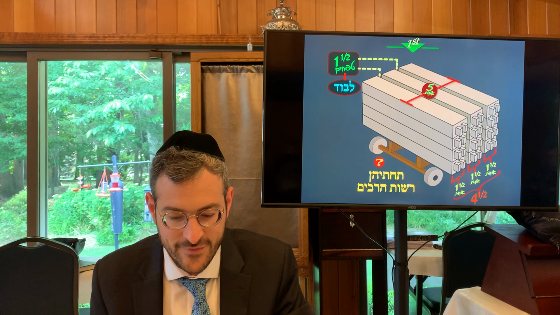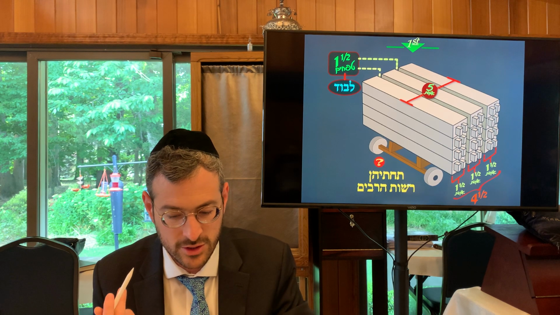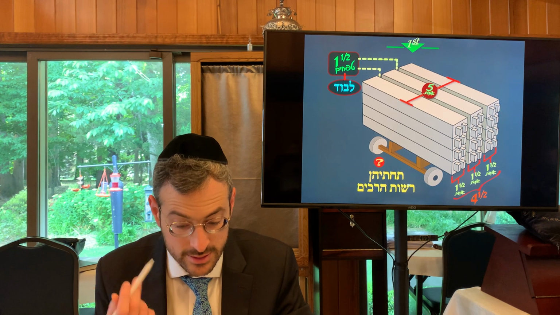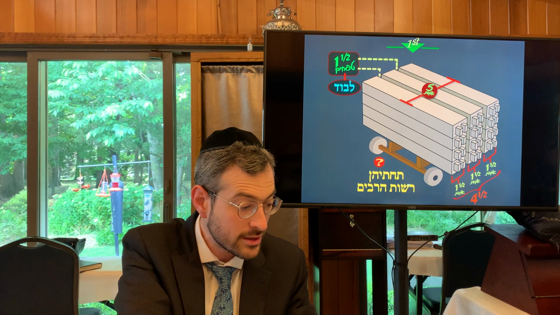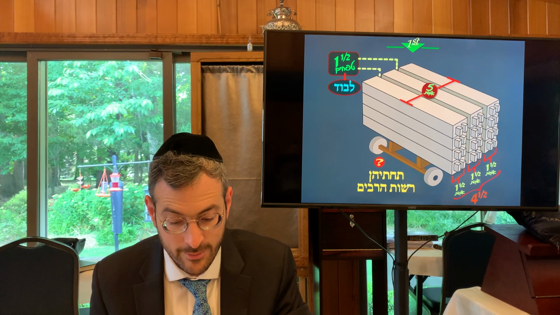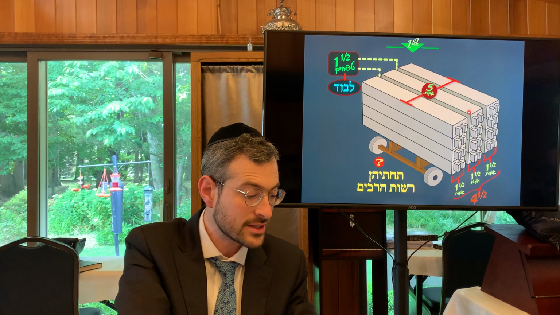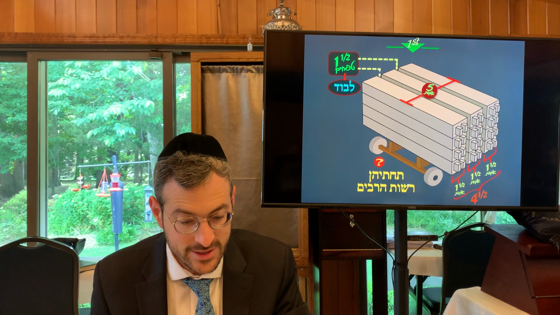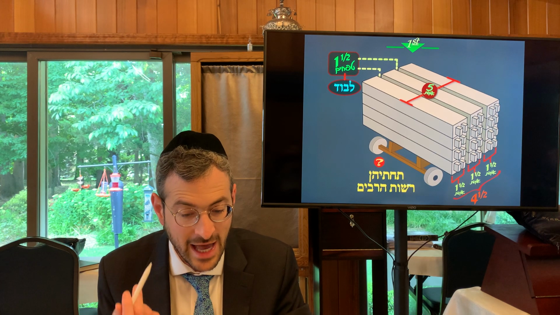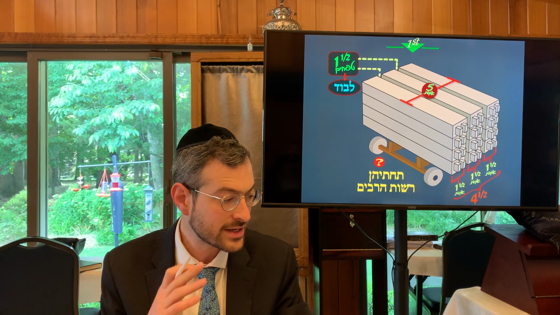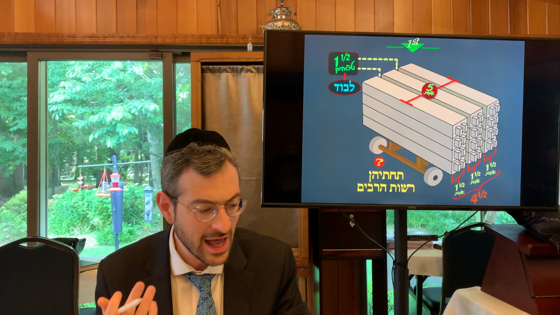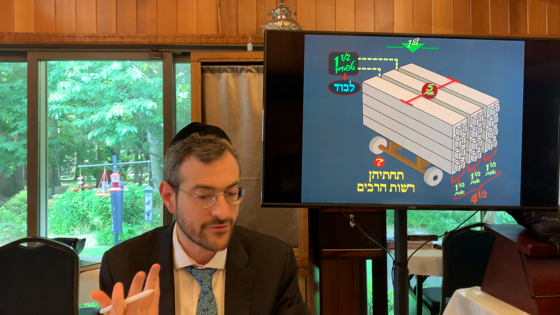So how many boards can you put along the length of the wagon? Only three rows, not more, which will take up, if each one is an amah and a half, 4.5 amos. So you're left with a gap of only half an amah in totality, because it's taking up 4.5 amos.